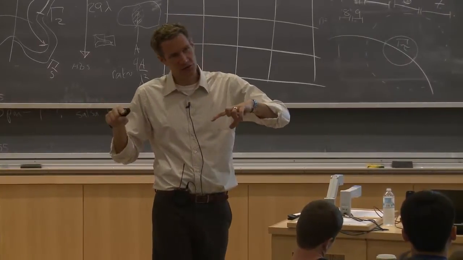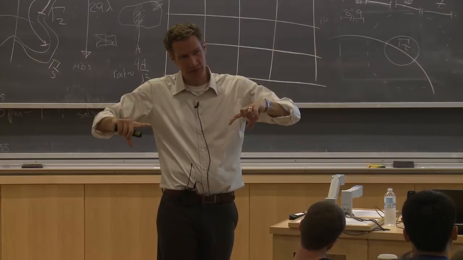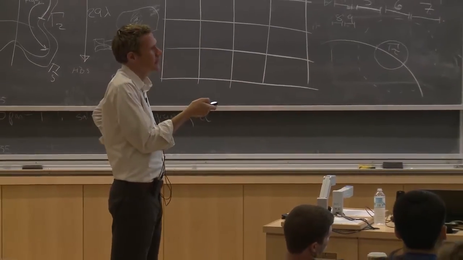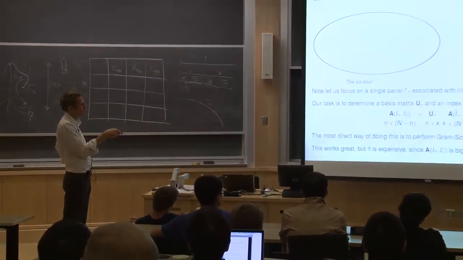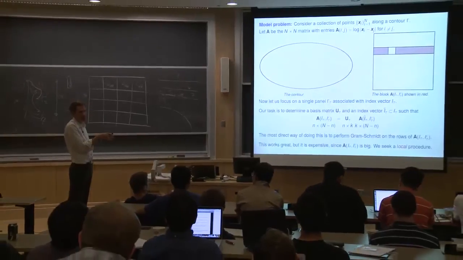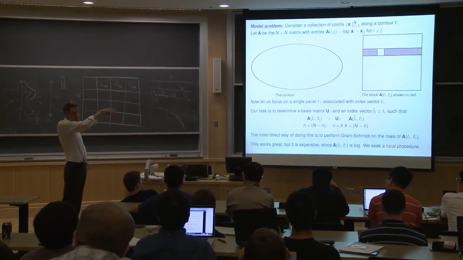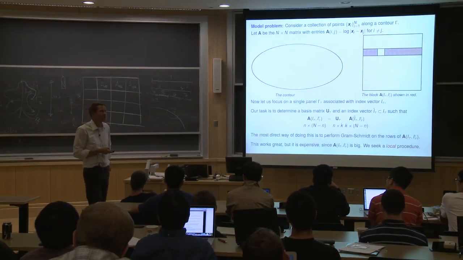So the reduction in complexity is on the rank. I still need to form the entire matrix. And in this case, the main issue is that I don't even want to form this matrix. I never want to even compute these kernel evaluations. Because in that case, I at some point have to compute every single entry in the coefficient matrix. I don't want to do that.